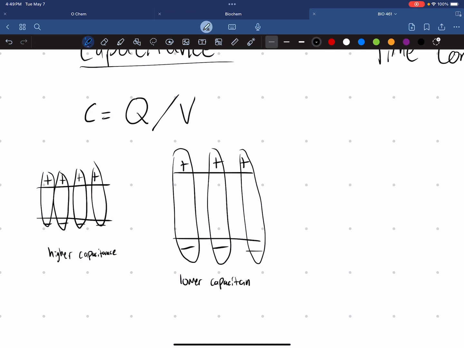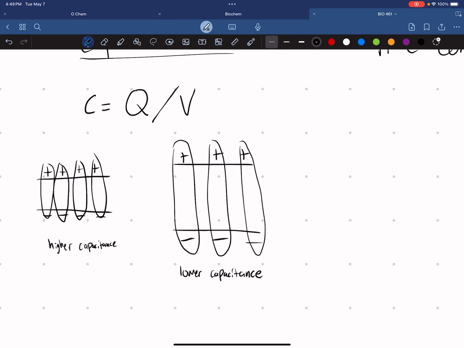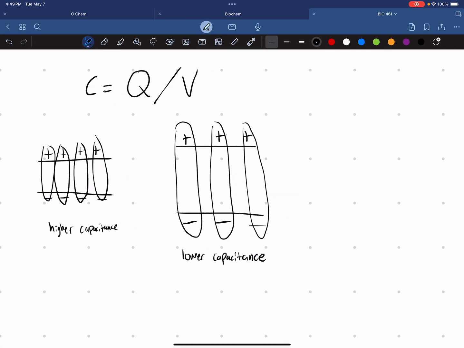So the thing about capacitance that's interesting is that we see here that there is a higher concentration of positive charges in this membrane, and a lower concentration here. So because of this ratio, we know that these two membranes can be at the same potential.